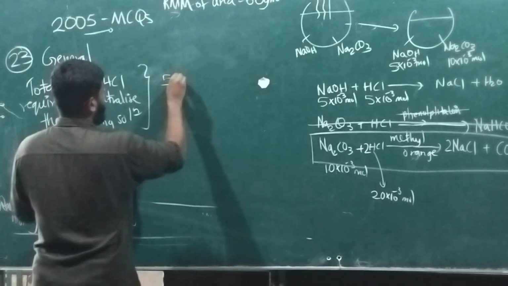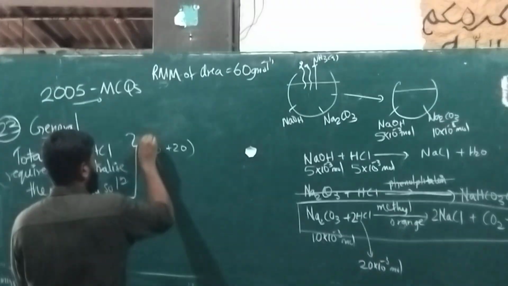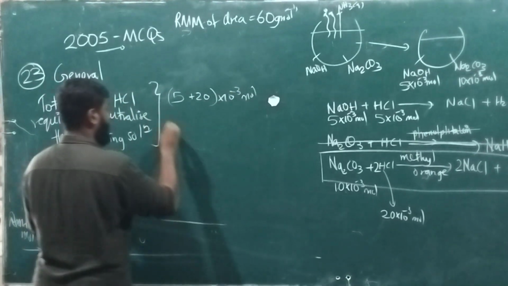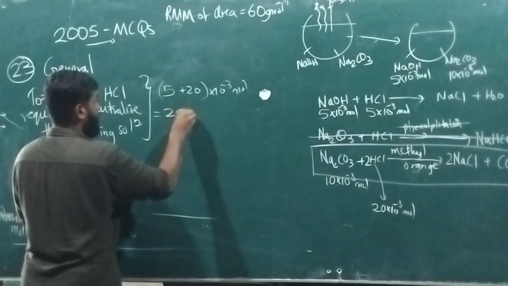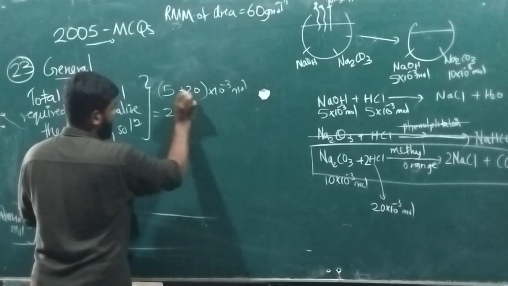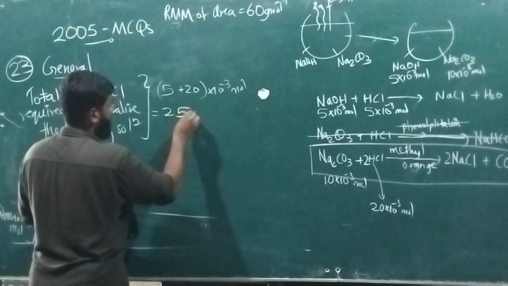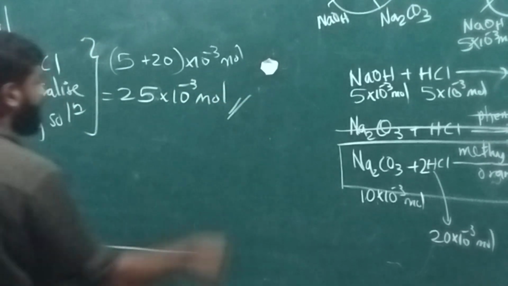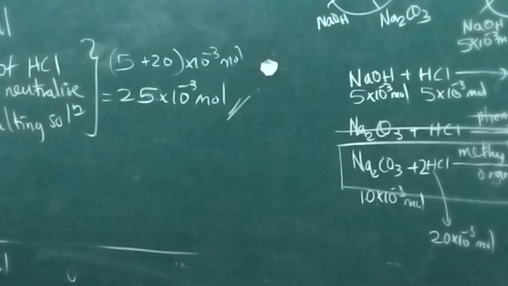So 5 plus 20 into 10 to the power minus 3 moles, it is equal to 25 into 10 to the power minus 3 moles. This much of moles are required.